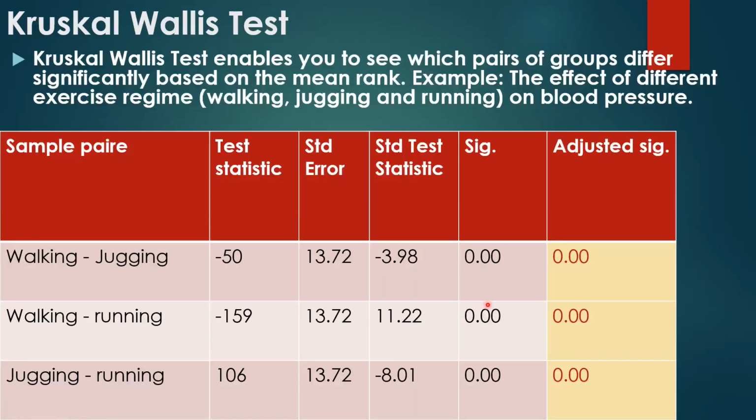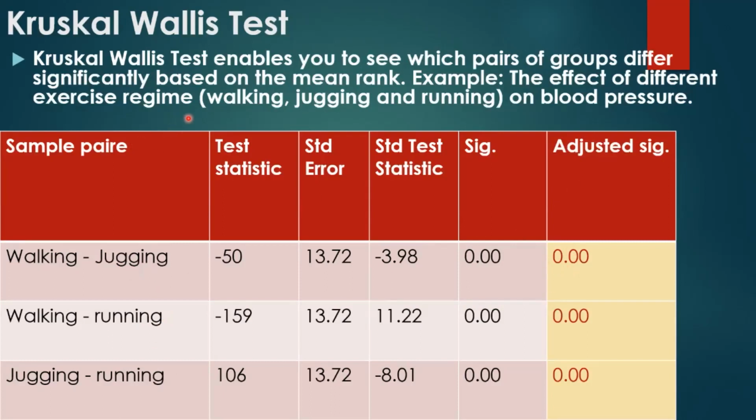Then we have the Kruskal-Wallis test. We've looked at ANOVA, so let's go to Kruskal-Wallis. Kruskal-Wallis is the ANOVA for non-parametric data. What Kruskal-Wallis does is to tell you whether groups are significantly different or not.